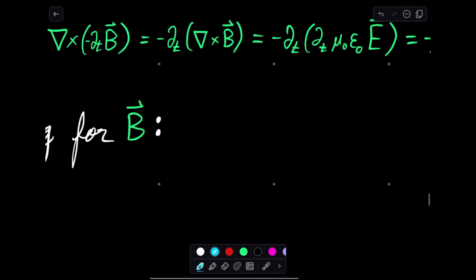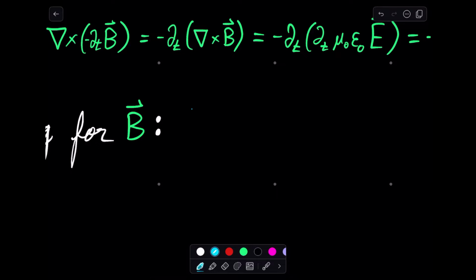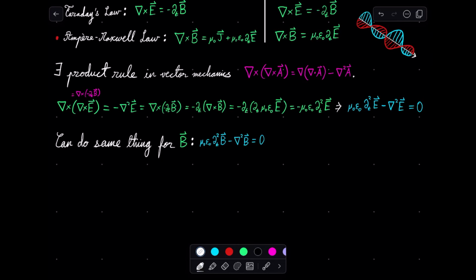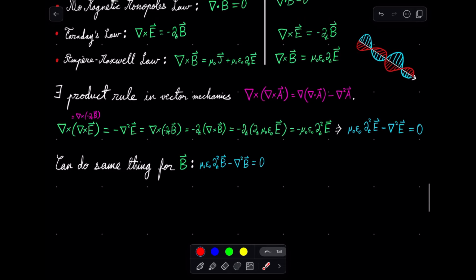But you end up with the result that mu naught epsilon naught partial with respect to time squared of B minus the Laplacian of B is equal to 0. And these are the wave equations in classical mechanics.